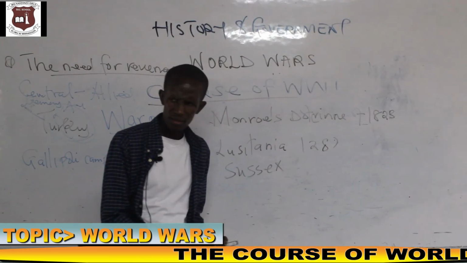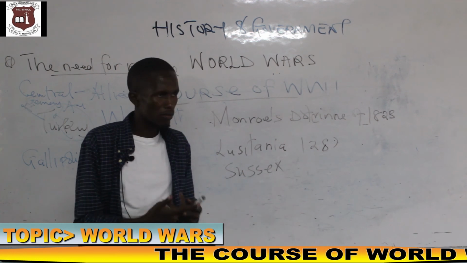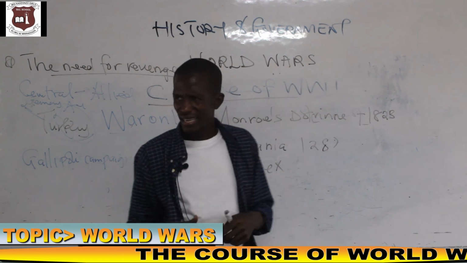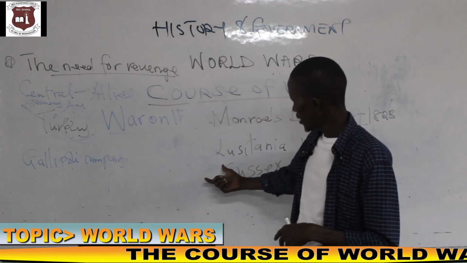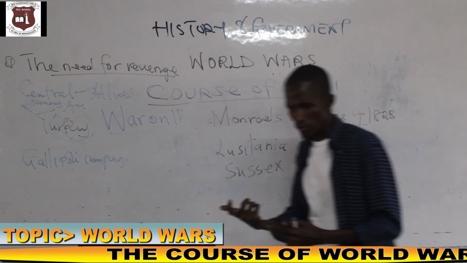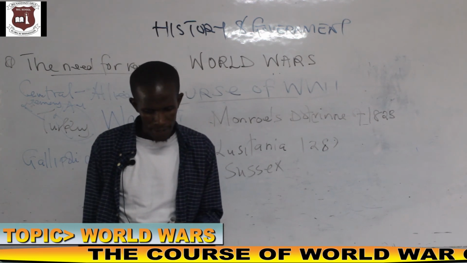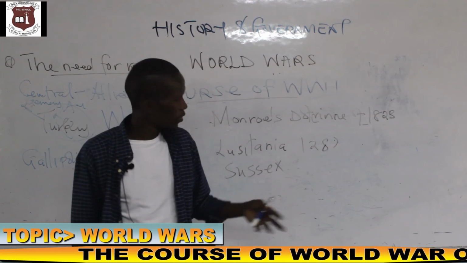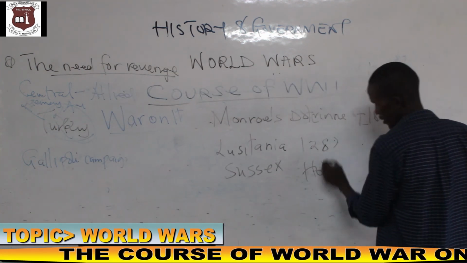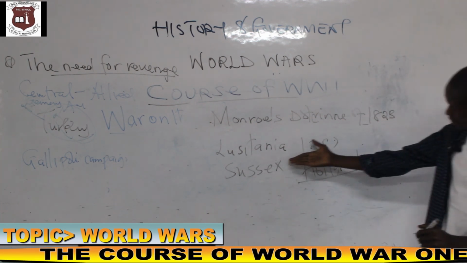They were tired and they dumped their weapons and left. So this mutiny made the German Kaiser go to seek political asylum in Holland. And so the Germans were defeated.